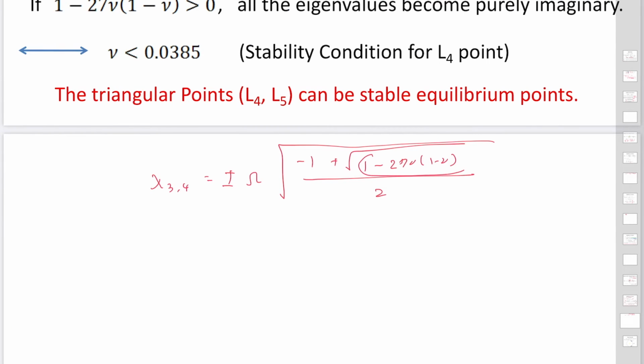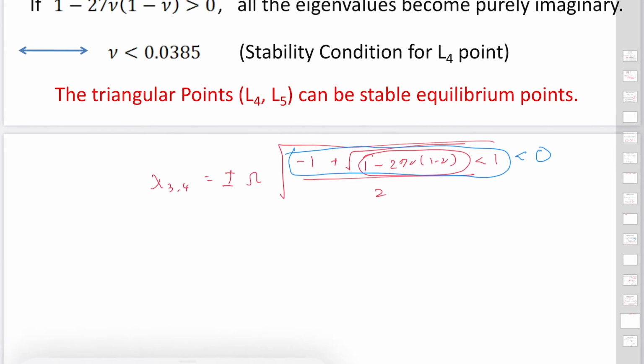So the inside of this quantity is less than 1. So this means if you consider this part, it becomes negative quantities. Then it becomes pure imaginary numbers. So it is a stable mode.